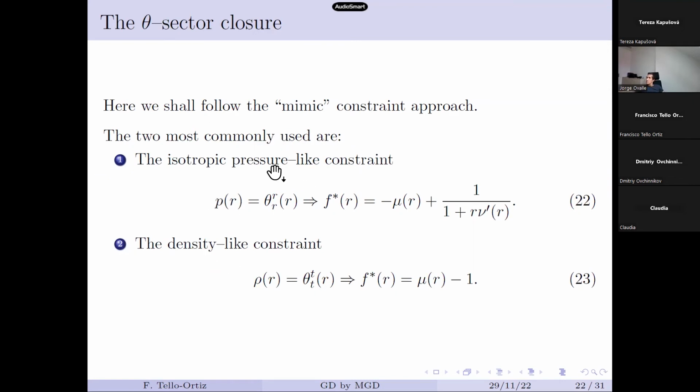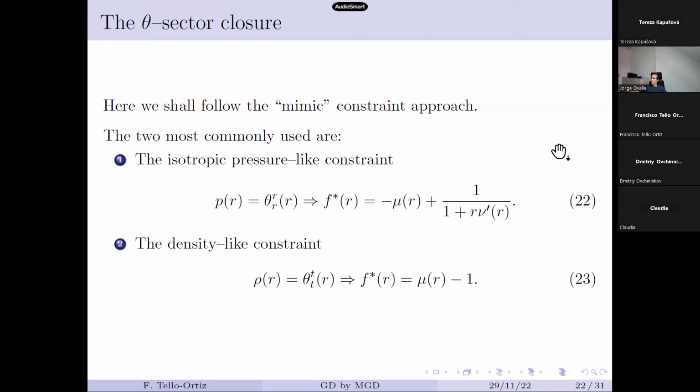First of all, the radial component of the theta sector is mimicking the behavior of the radial pressure, the isotropic pressure in the radial direction. If you equate both field equations, you can solve an algebraic equation to find the deformation function. The deformation function in this case acquires this form, 22.